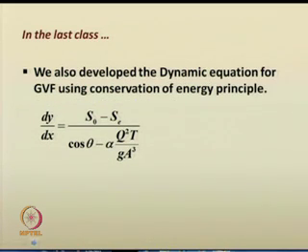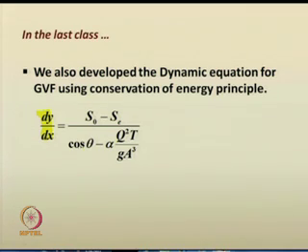We had also developed the dynamic equation for gradually varied flow using the conservation of energy principle. There also you had derived that the slope of the water surface dy by dx is equal to S_0 minus S_e. Here the S_e term is being used, that is the energy slope, and you have also used the kinetic energy correction factor alpha.